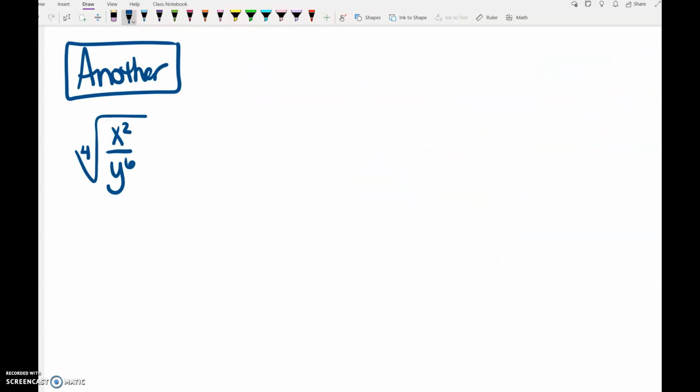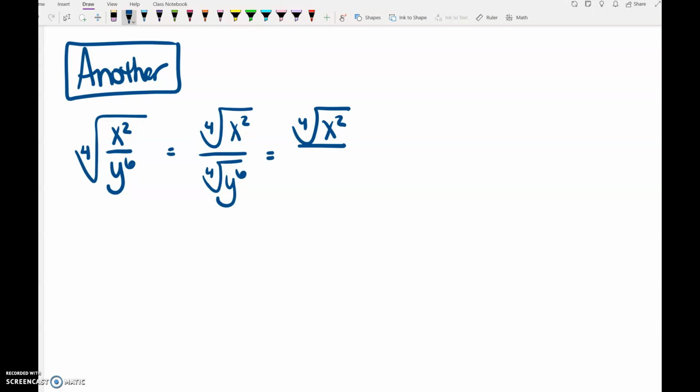Give this one a try on your own. Remember, we start by splitting up the top and the bottom. See if you can simplify the bottom and then see what else you need to complete a group of 4. On the top, we can't simplify anything. On the bottom, we're looking at how many groups of 4 are in 6.